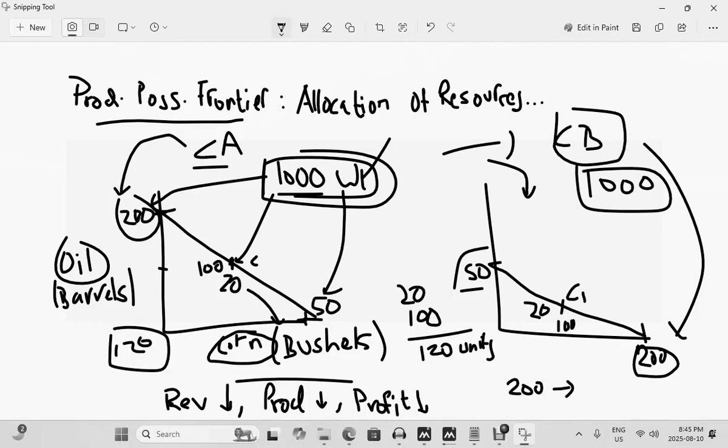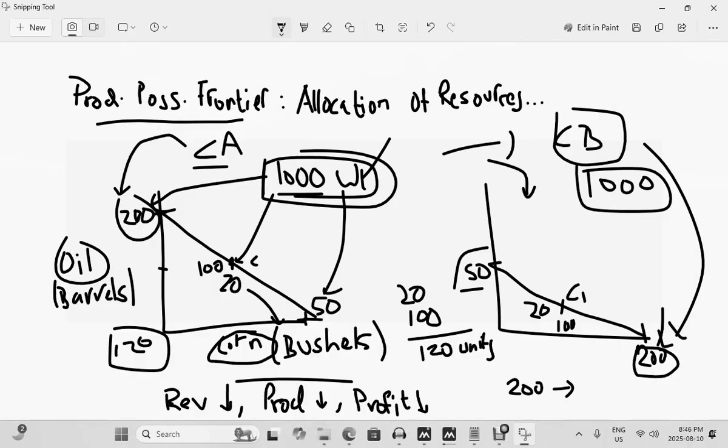Now you look at 120 and you say, hey, listen, so what's the big deal? So the big deal is, let's say another country C relies on your corn production or oil production, and they need 100 barrels of oil from you. You don't have that 100 barrels of oil to supply because you didn't take advantage of your absolute advantage, as a result of which you ended up producing less when it came to oil, or you ended up producing less when it came to corn.